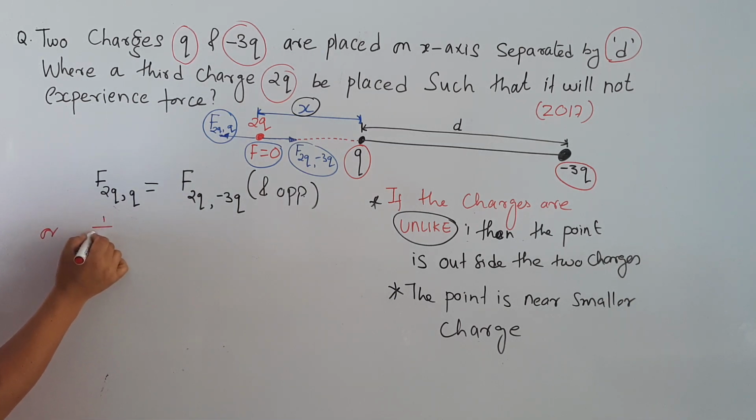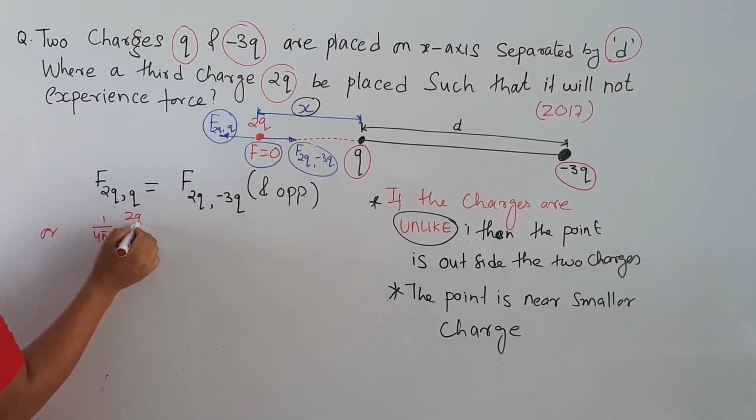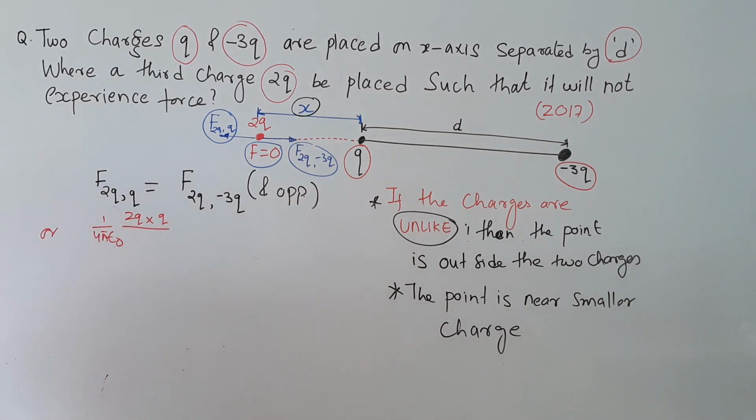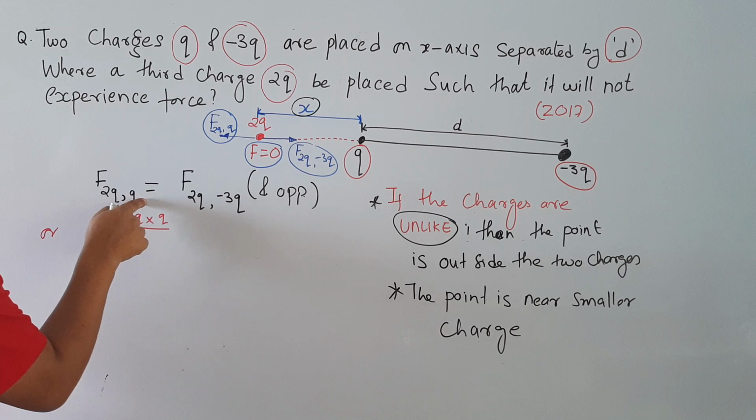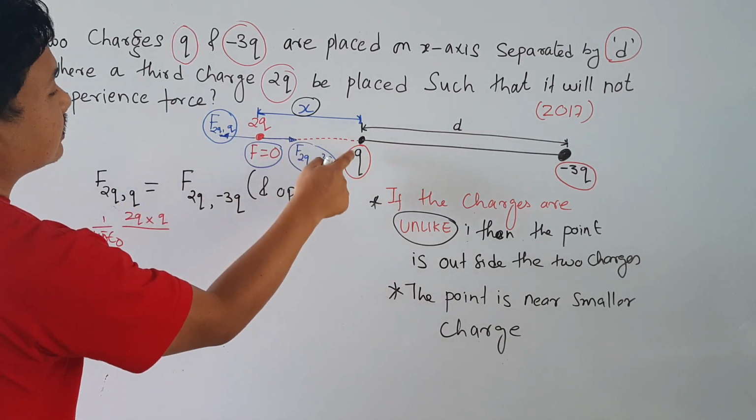How much is the Coulomb force? It is 1 by 4 pi epsilon naught q1 q2 divided by r square. Here q1 is 2q and q2 is q, and r is the distance between 2q and q, which is x.